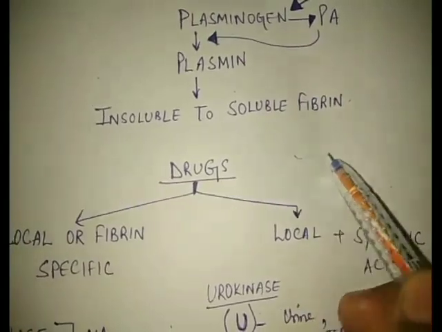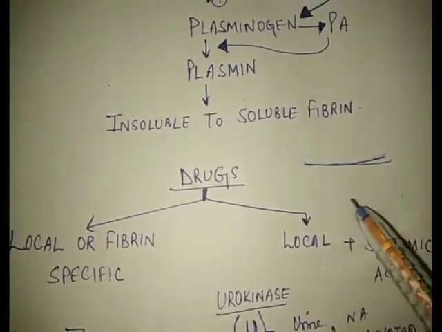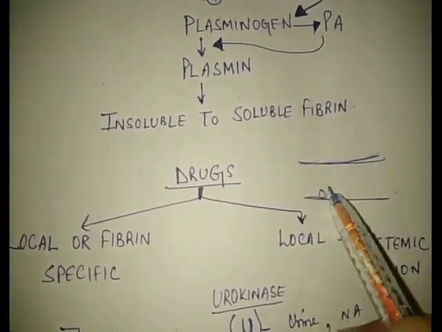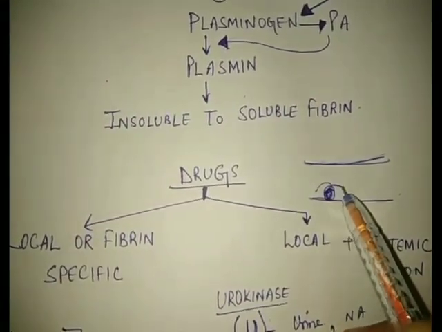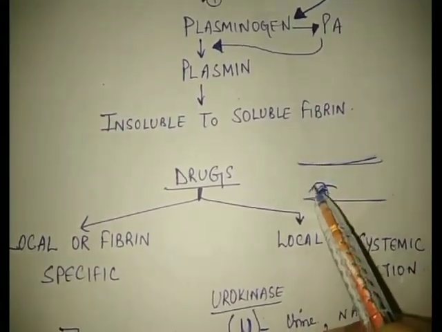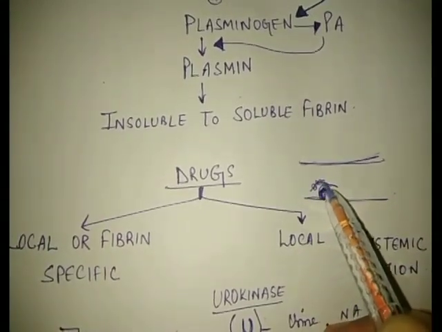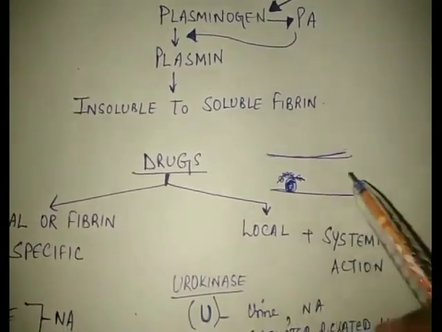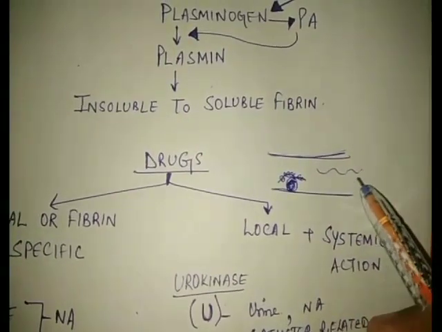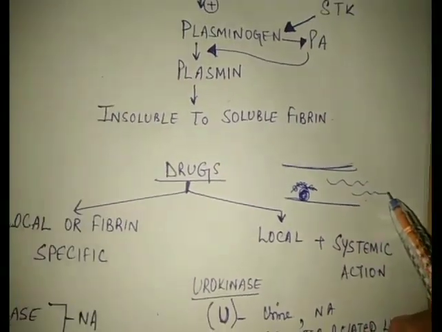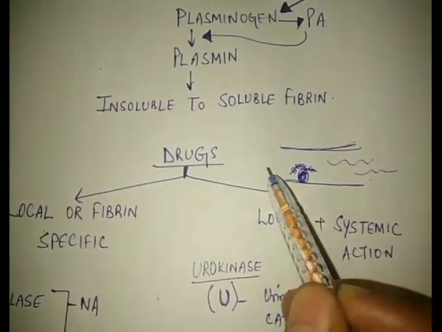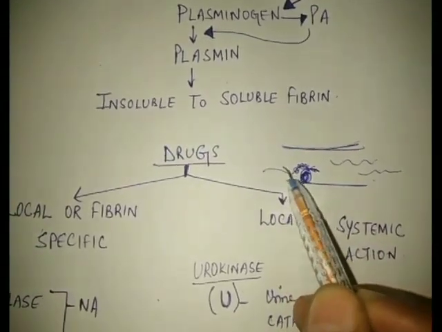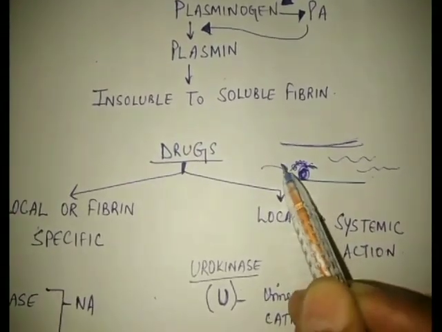Suppose this is the circulatory system, and this is the thrombus, and in the thrombus there is fibrin. Okay, these are fibrin strands, and in the fibrin strands plasminogen is present, and plasminogen is already freely floating in the circulation as well. And these local drugs act on the plasminogen which is present on this fibrin.